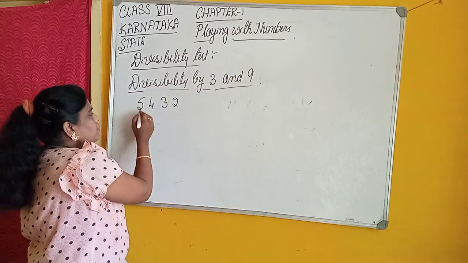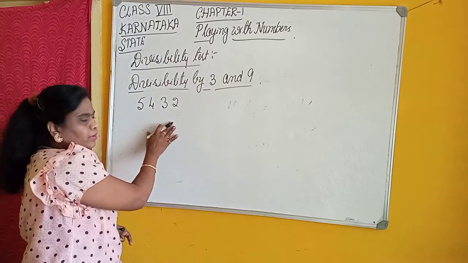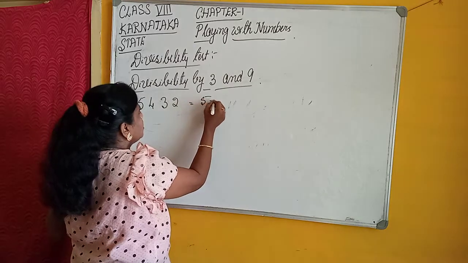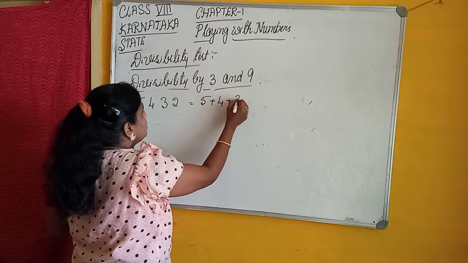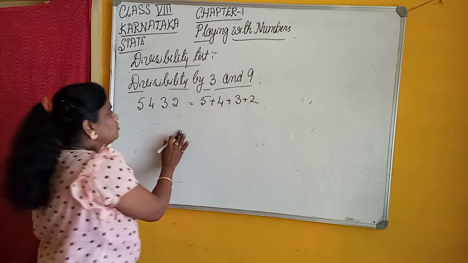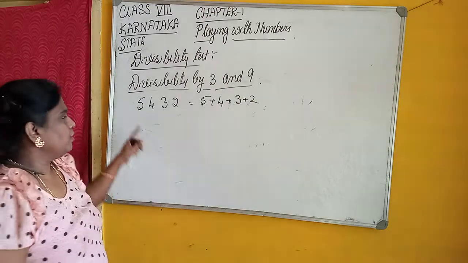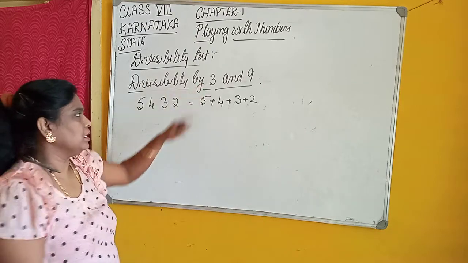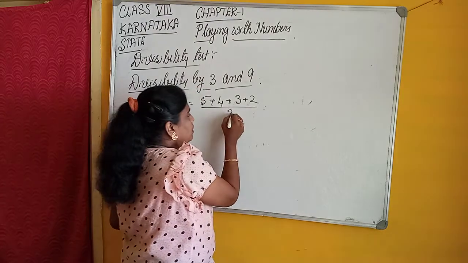Let us take the digits of 5,432, that is 5 plus 4 plus 3 plus 2. What do we have to do here? In the given number, we have to add all the digits and divide the sum by 3.